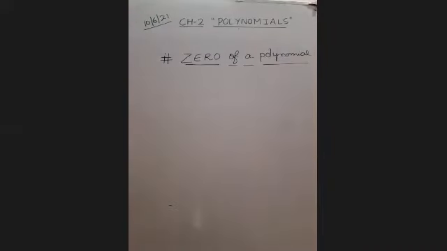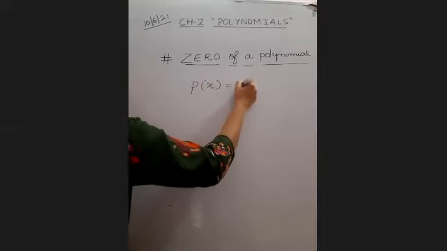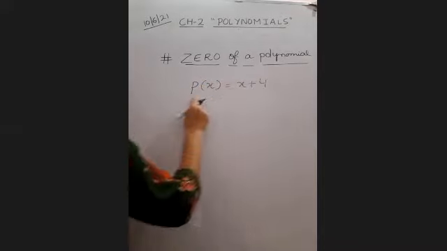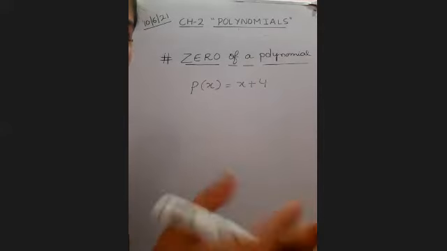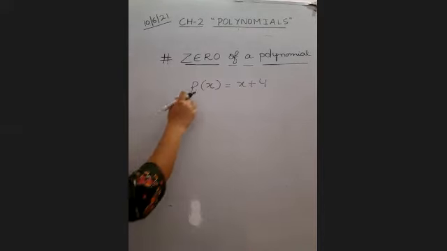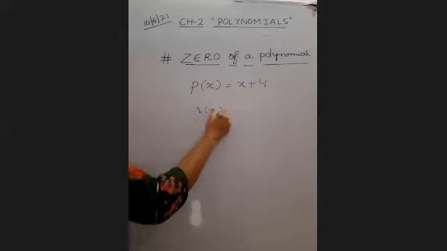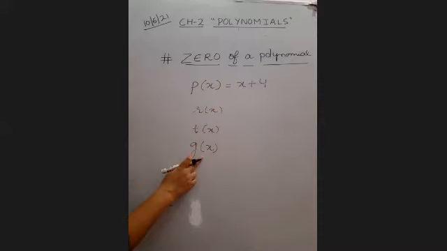Okay? And how do we represent a polynomial? Usually like this. If I have a polynomial, I may name it. My name is Jyoti, your name is something or the other. Everyone has a name. So we can give names to the polynomial as p(x), r(x), t(x), g(x), we can give any name to polynomials.